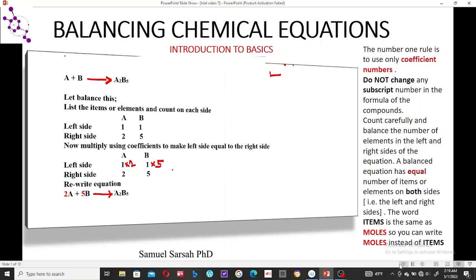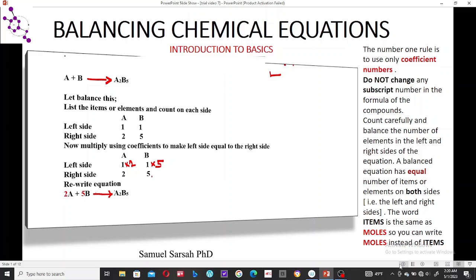To balance this and make them equal on both sides, left and right side, here we have to multiply this by 2 and then write the number in the main equation, that is 2A.